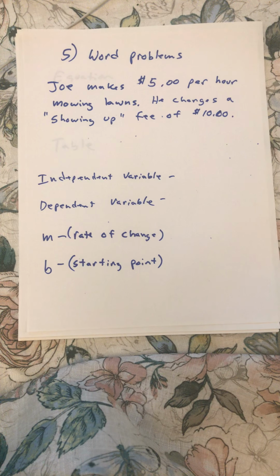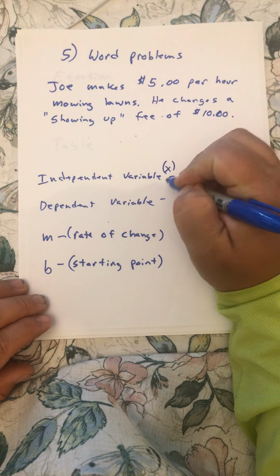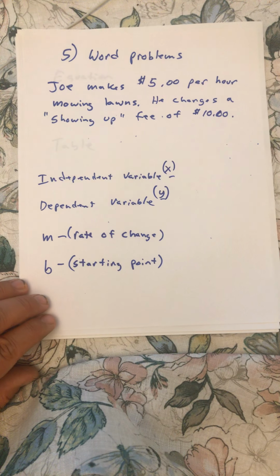So there's a lot of variables. He charges just $10 to show up, and then it's $5 per hour. I'm going to talk about those two numbers. But what we have to think about is our independent variable and our dependent variable, which, once we start coming up with an equation, will describe our input, and once we get our answer, will describe our output.